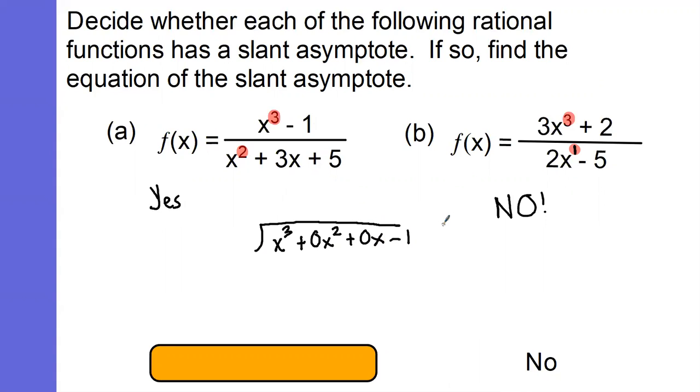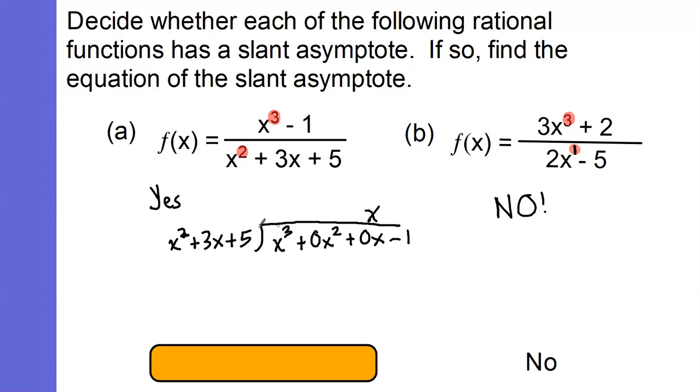And we are going to divide that by x squared plus 3x plus 5. If you remember your steps with long division, first thing we're going to do is take x cubed divided by x squared. That would be x. I'm going to put x right there.